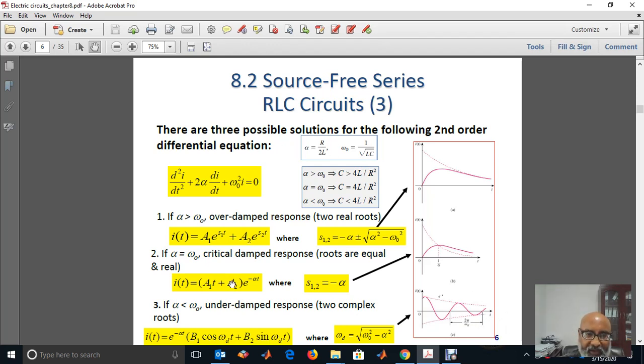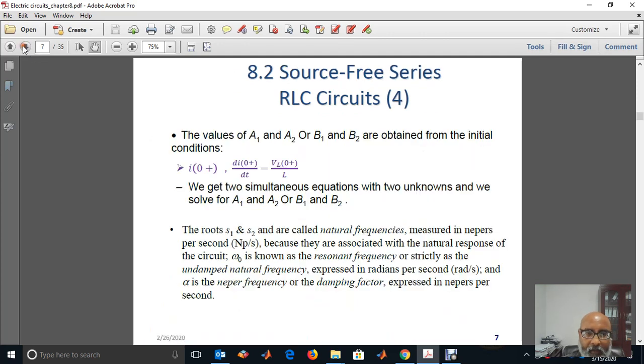So what are the unknowns in this solution? A1 and A2, which we get from the initial conditions, I at 0 and the derivative of I at 0. S1 and S2 are called natural frequencies because they are associated with the natural response of the circuit.